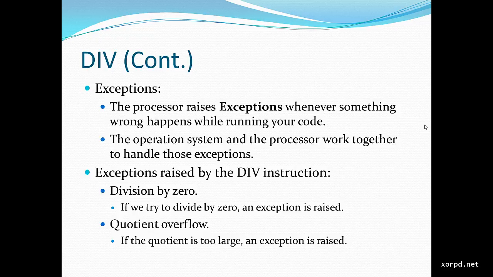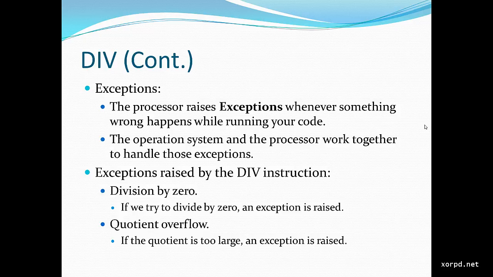Whenever you do something like this, the operation system is informed about some program that tried to do something strange. Then the operation system has to decide what to do with it. Sometimes you can ask the operation system to give you back the error so you can handle it yourself with your own code. We might be able to do this in the future in one of the lessons.